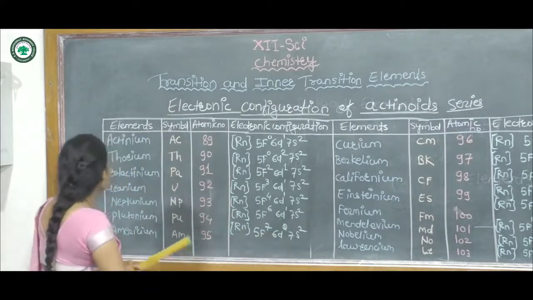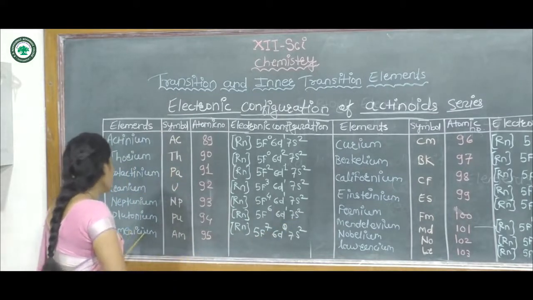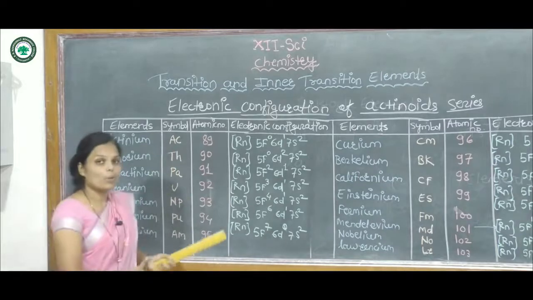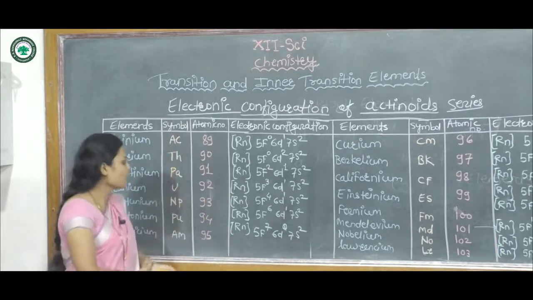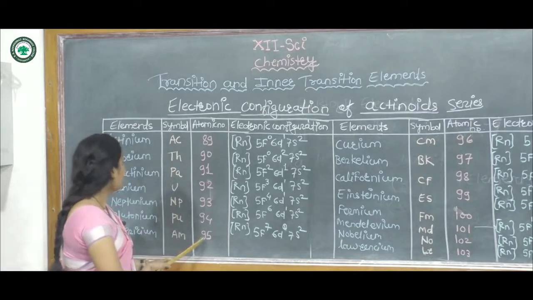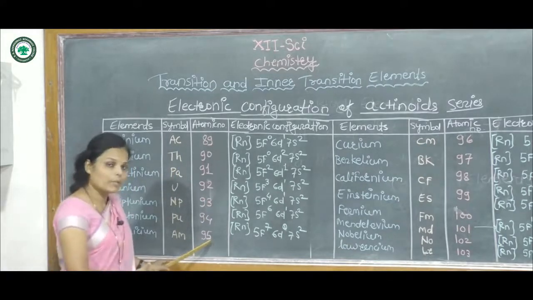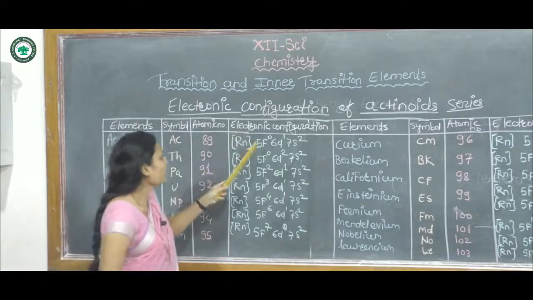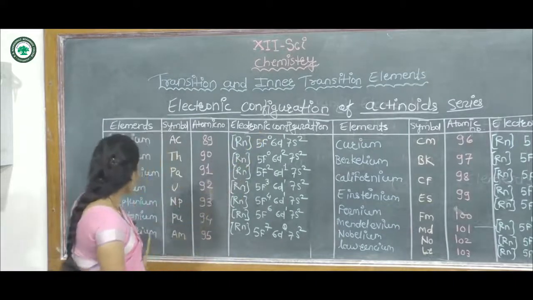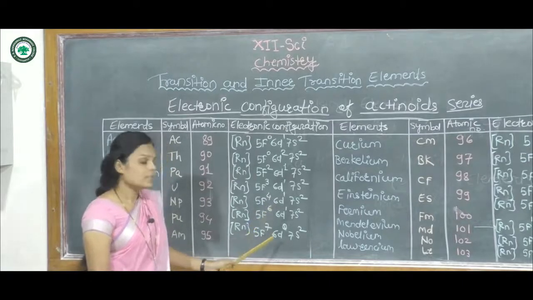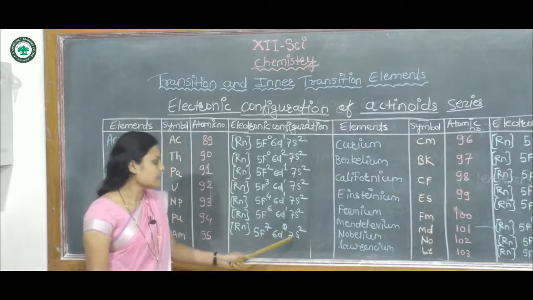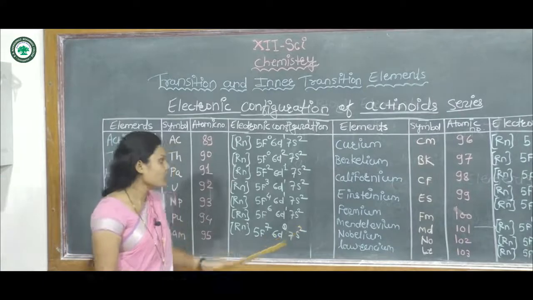The next element is americium. Its symbol is capital A and small m. Atomic number of americium is 95. Electronic configuration of americium is 5f7, 6d0 and 7s2.